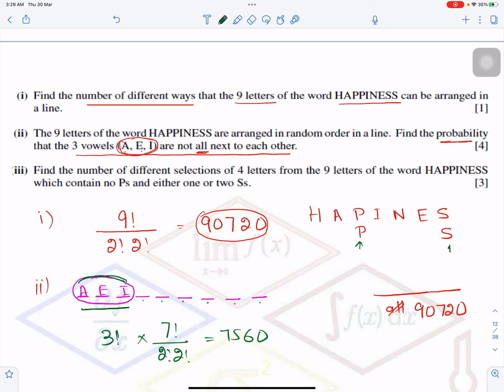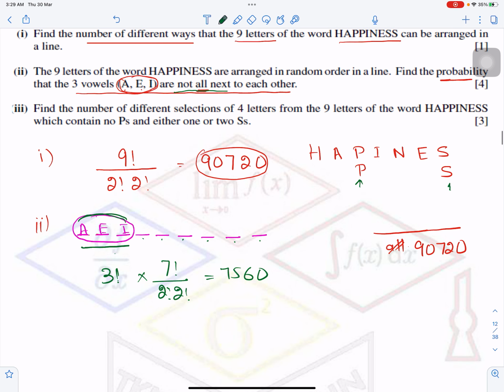This number represents in how many cases they are all together. But what is the question saying? They are not all next to each other. So I have to subtract this answer from the total possibility, which was 90720. That was the total number of possibilities, minus the cases when the 3 letters A, E, I are together. So what did I get? 83160.